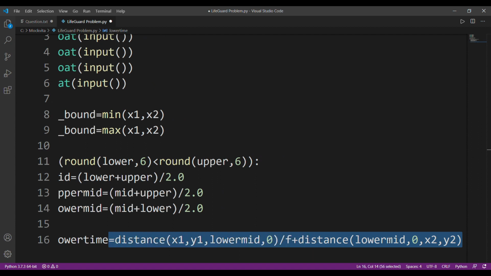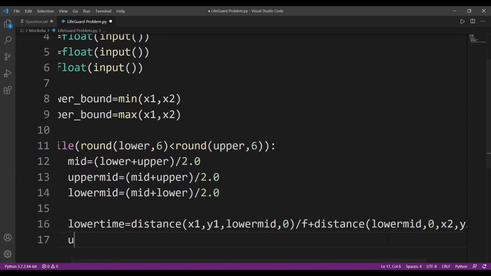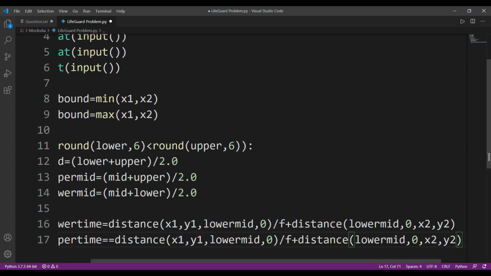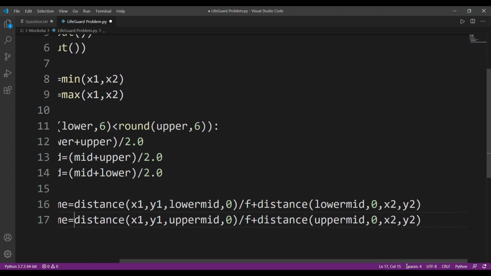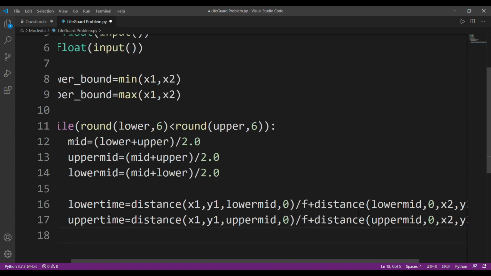This will give me one of the times, and I'll do the similar for upper time. The only thing that will change is instead of lower mid we'll have an upper mid. All right, great. Now we need to check which one of the values is greater, lower time or upper time.